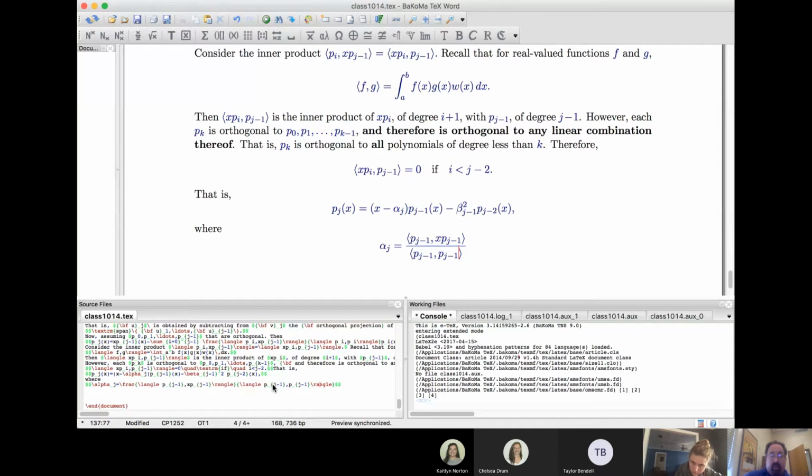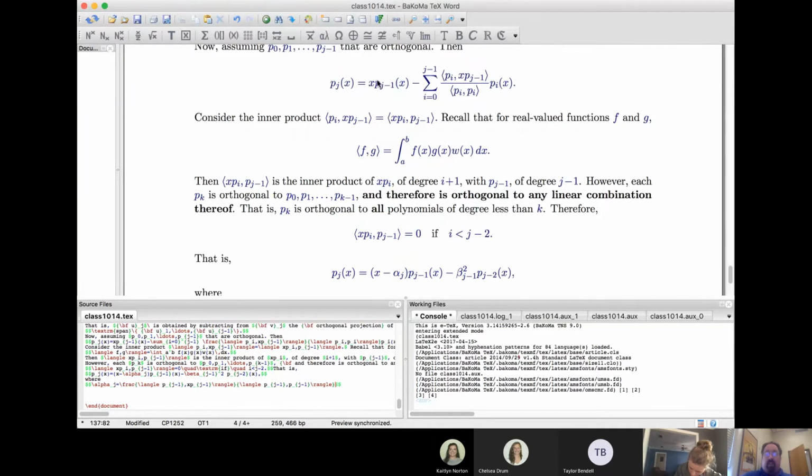Here I have x times pj minus 1, and then I also have this coefficient times pj minus 1 for a case of I equal to j minus 1. So I just lump those two terms together. And then I have a case of I equal to j minus 2, so I'll have this coefficient when I is equal to j minus 2 times p j minus 2. So I need to fill that in now.